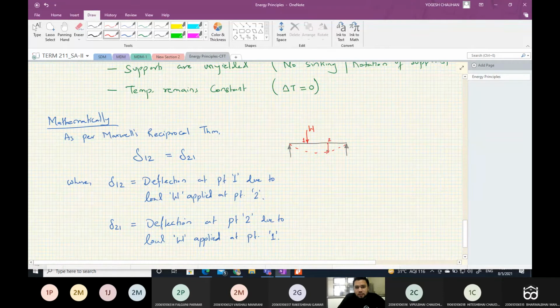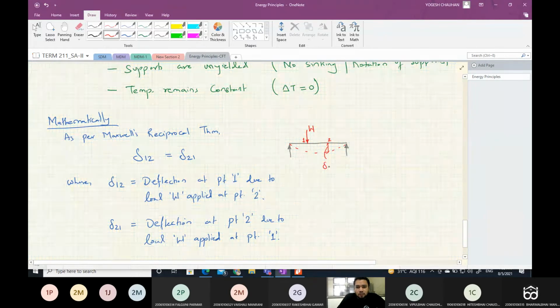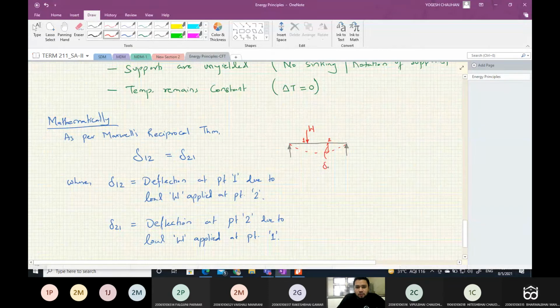So the deflection here, let it be delta 21.